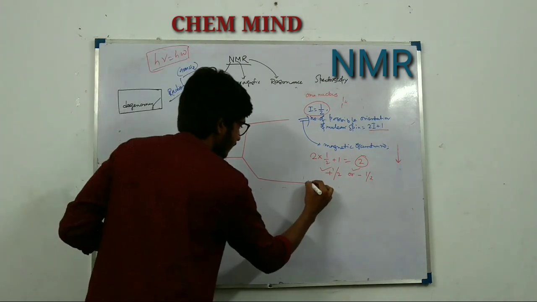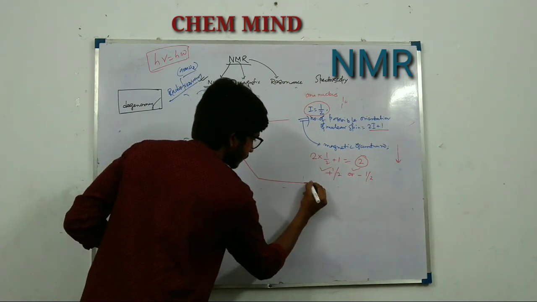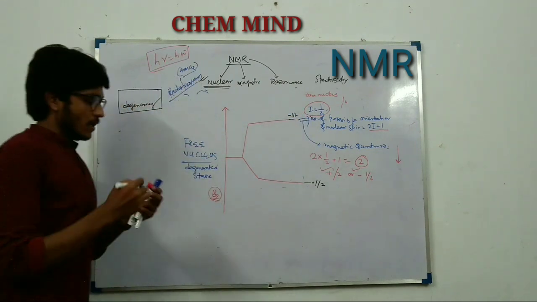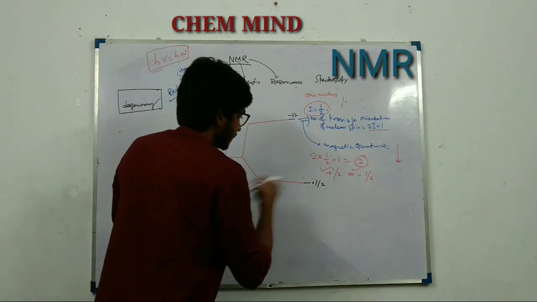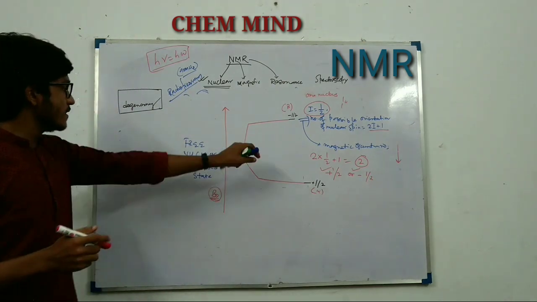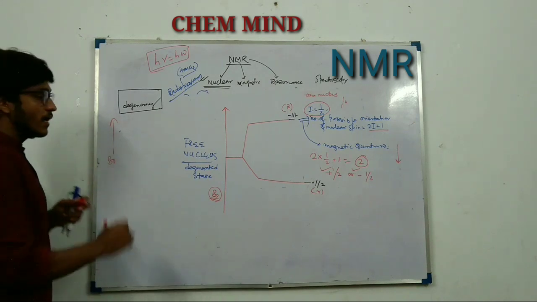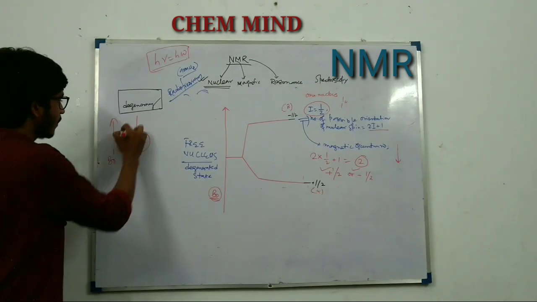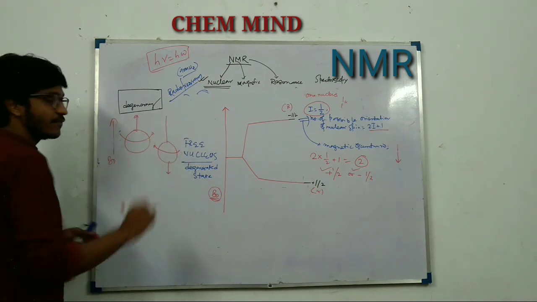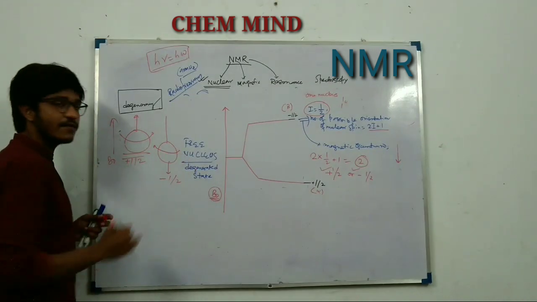The plus half state is known as the alpha state, and the minus half state is known as the beta state. The external magnetic field is B naught, and the nucleus is rotating with the magnetic field or against the magnetic field.